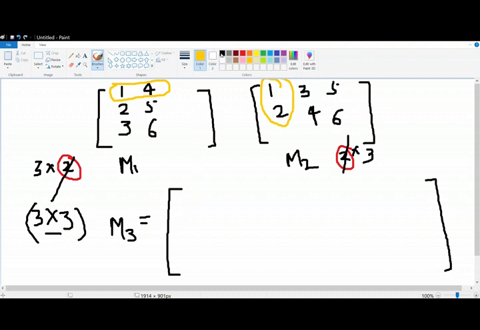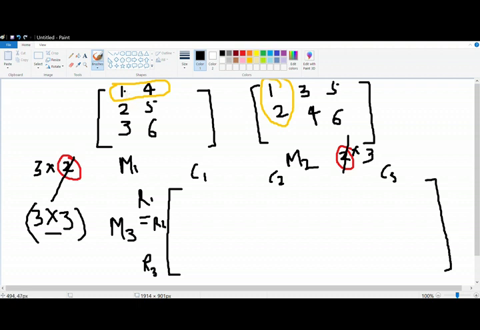Here we have columns C1, C2 and C3, and rows R1, R2 and R3. If I want to calculate the R1 C1 element of the third matrix, how can I calculate it?